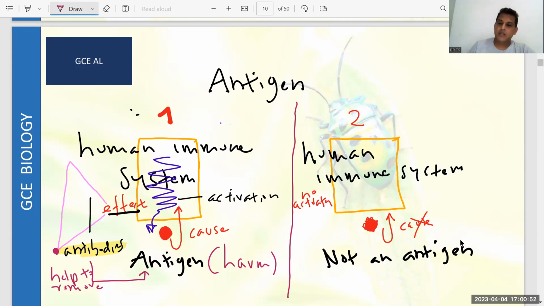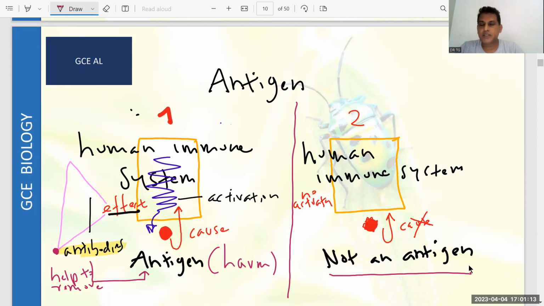So in this case, they are not considered an antigen, because the immune system tries to find a molecule which is not a part of the body, and secondly, it identifies whether this molecule is harmful or not.